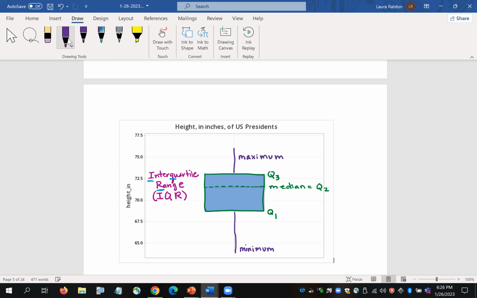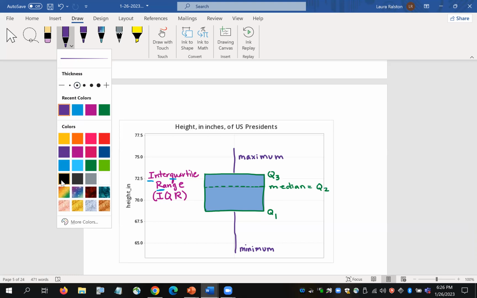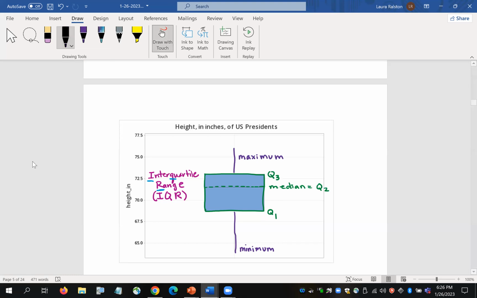In between, and what I mentioned to you about the quartiles: between the minimum and quartile 1, you have 25% of your data. Between quartile 1 and quartile 2, you have 25% of the data.